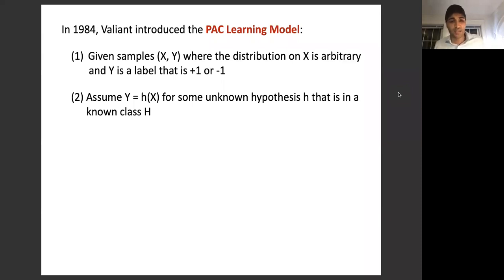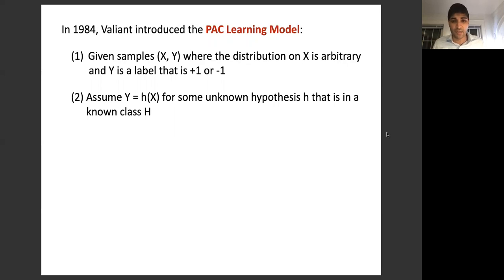Now, the important thing is in step 2, you assume something about how the labels are generated. There's some known class of hypotheses, capital H, and there's some unknown hypothesis, little h, that lives in that class. And the assumption is that for every single one of your examples, there's a little h that fits the label perfectly.